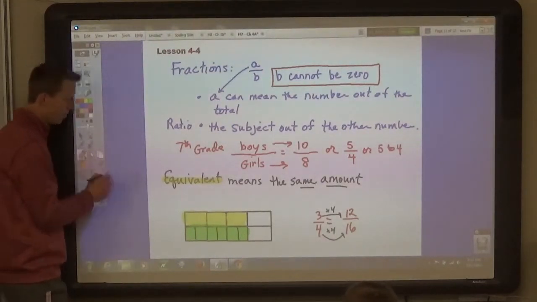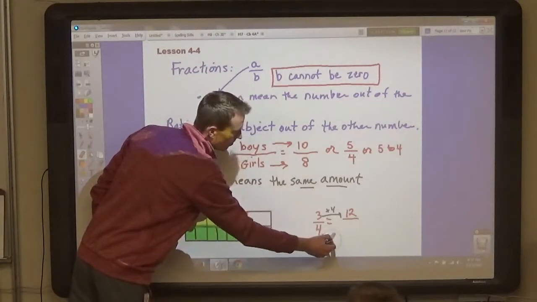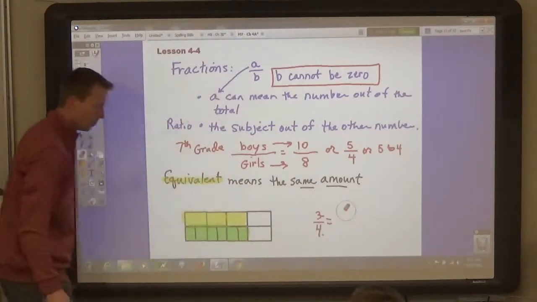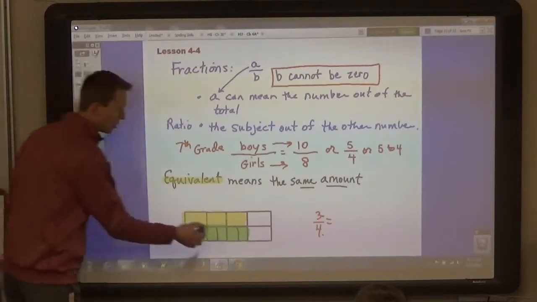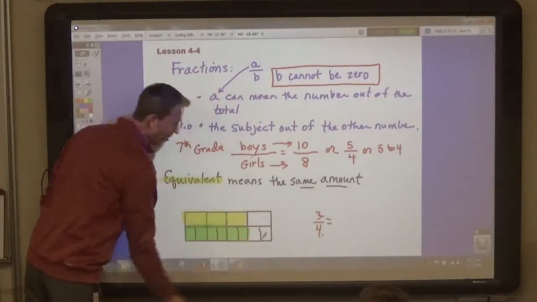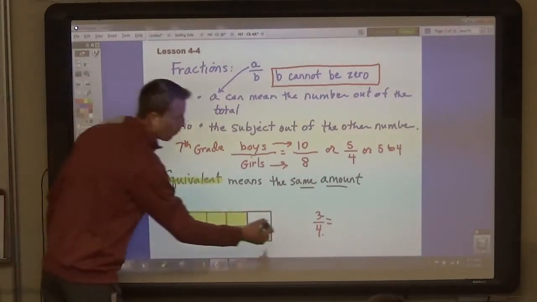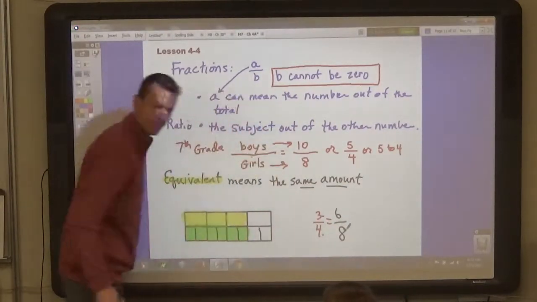No, the green one. It's 3/6. No. Wait a minute. It's 6/8. Yeah, I forgot to draw this line. There we go. Now what is it, Asa? 6/8. 6/8, right? So 3/4 is equal to 6/8, right?